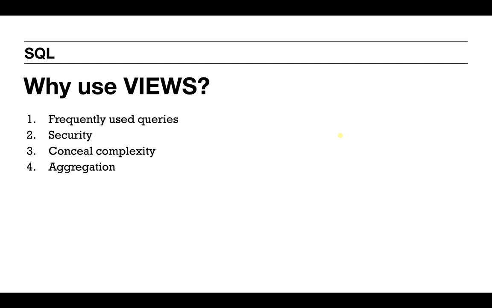We could also use views to conceal complexity, meaning you don't have to write these complex queries every time. The views will simplify it, especially for somebody who is less technical, maybe a junior business analyst or a new developer. It's easier to just give them the view instead of having to explain to them, well, this is how you get the data.